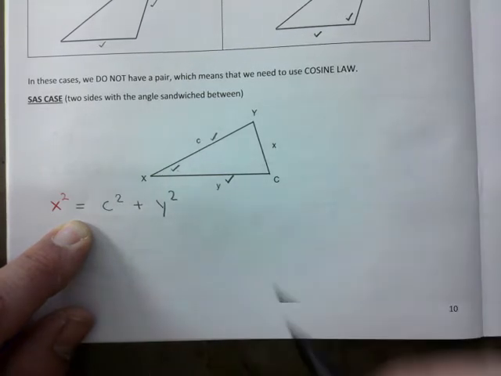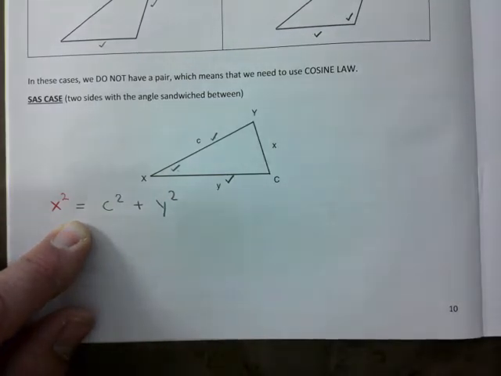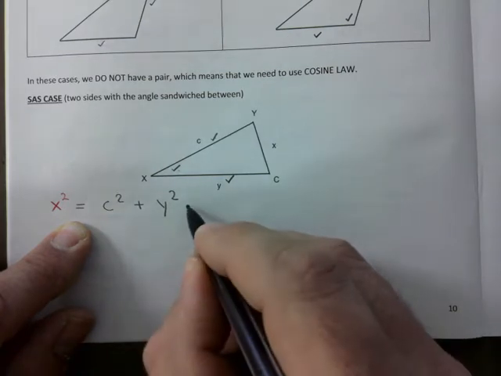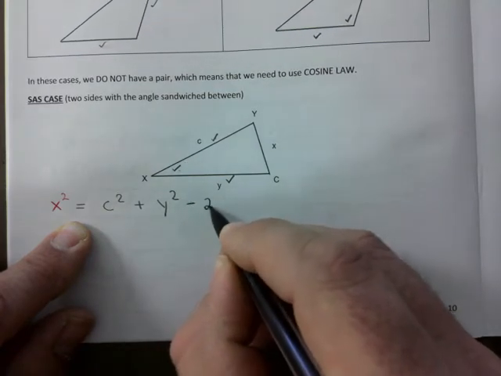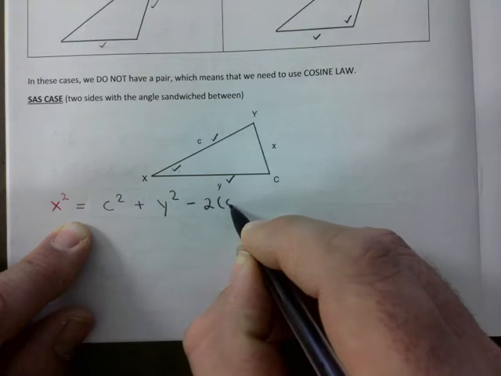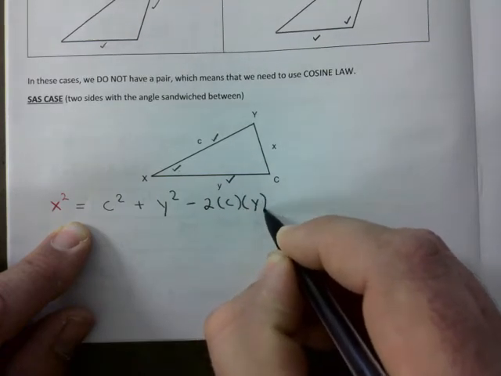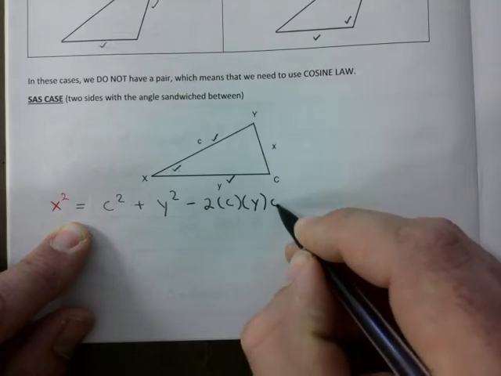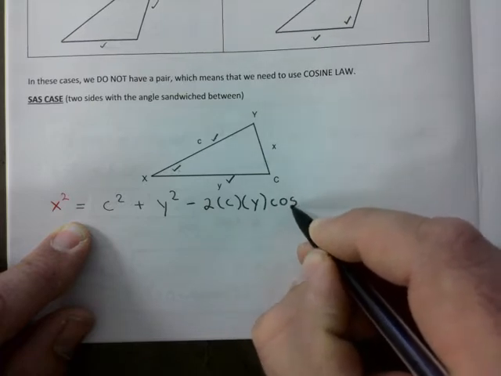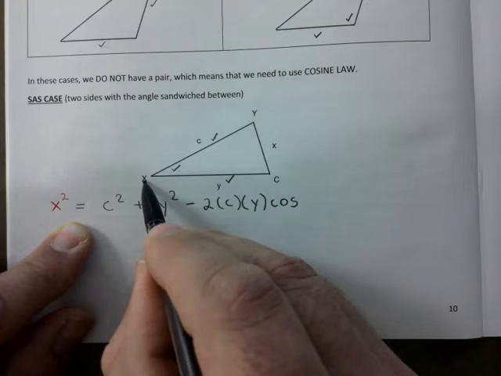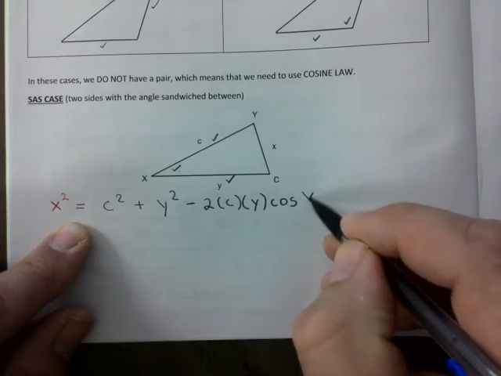Doesn't this look like Pythagorean theorem? But this is where it takes a turn. Minus 2 times c times y times cosine of that one angle you know. You only know one angle there.